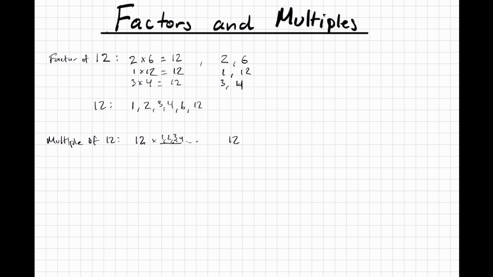So 12, 24, 36, 48, and so on. Those are all the multiples of 12. It's called a multiple because you're multiplying 12 by the integers, by a whole number, 1, 2, 3, and so on. Okay? So that's a basic introduction to factors and multiples.